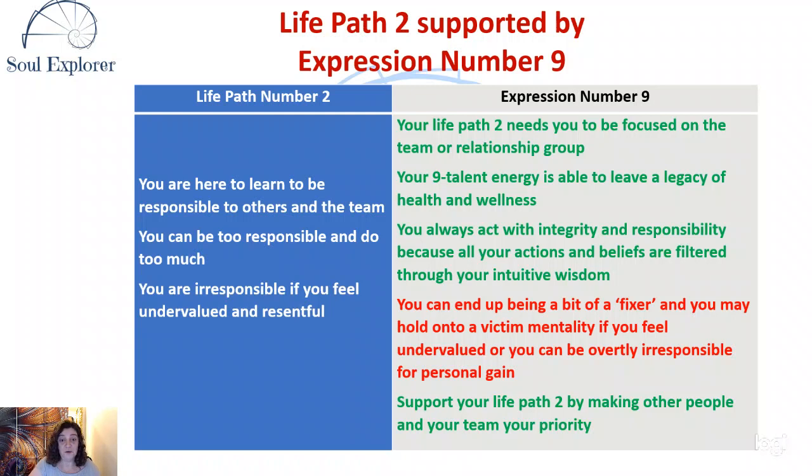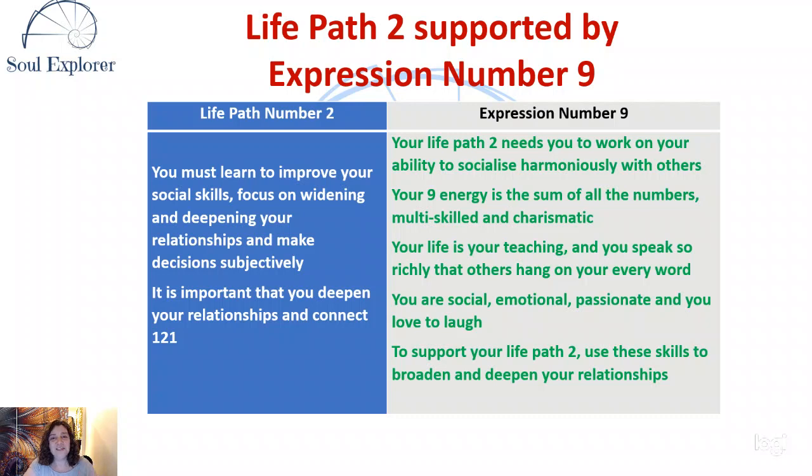Boundaries. I'm going to talk about this again because I'm sure I've got another slide about boundaries, because it's so important. I'm going to say again, boundaries. You must learn to improve your social skills, okay? Because the life path 2 is all about working towards relationships with people.